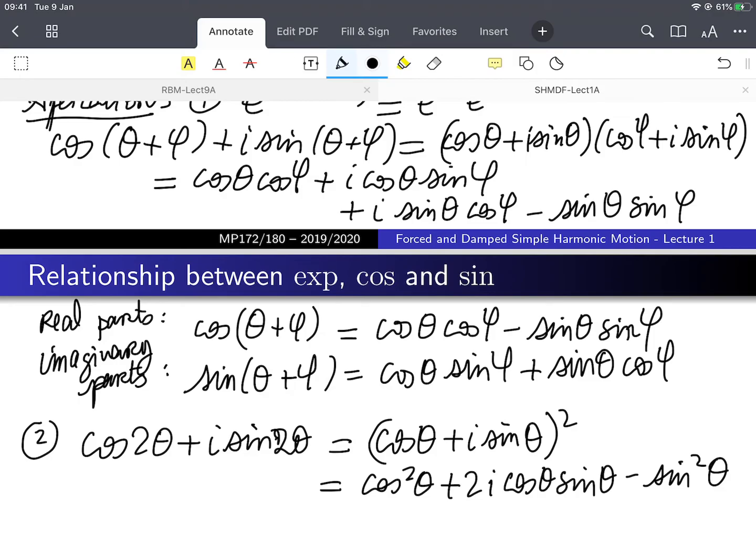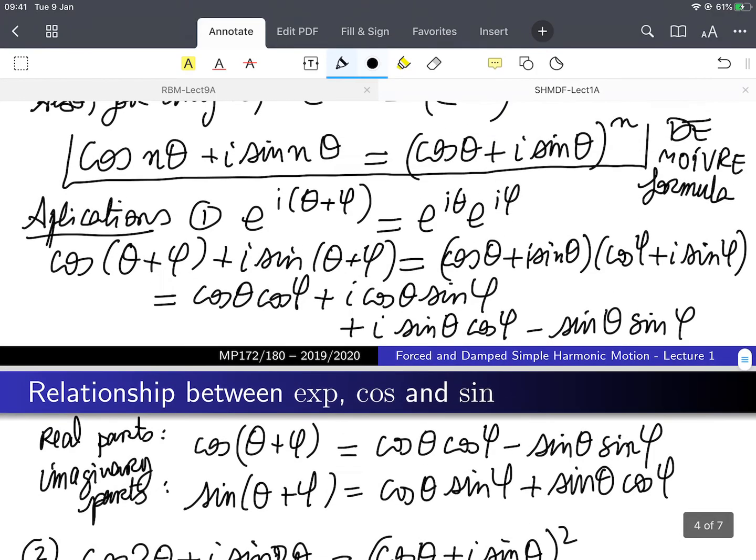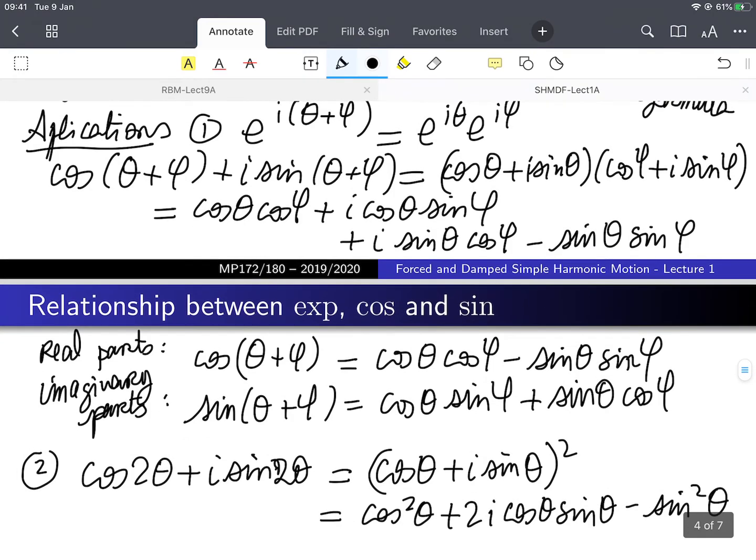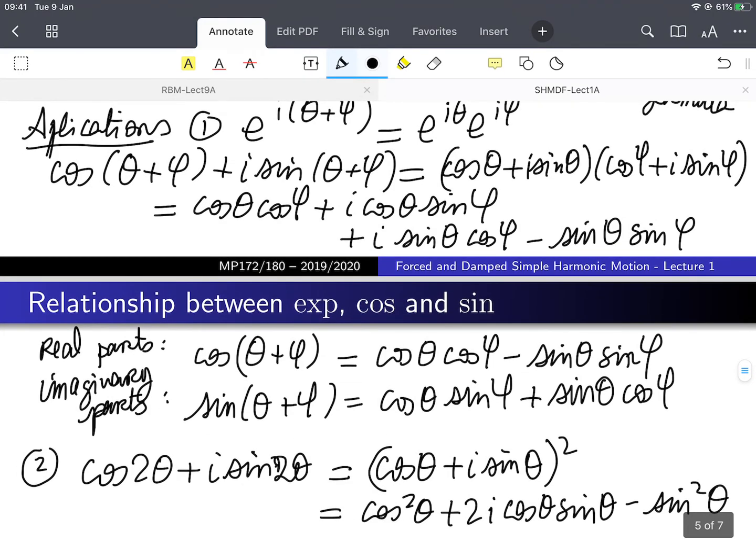I just wrote the de Moivre formula here when n equals 2. And here I have a plus b squared, so I just do a squared plus 2ab plus b squared. And now I have a complex number on the left, a complex number on the right.